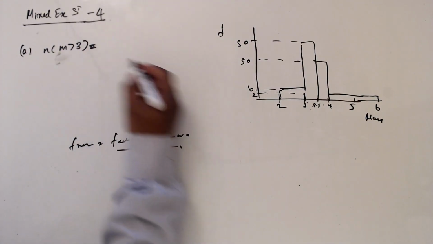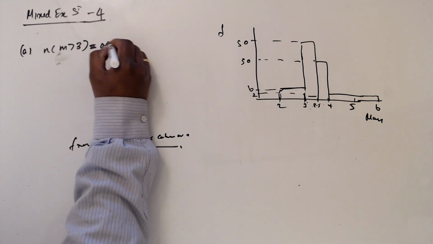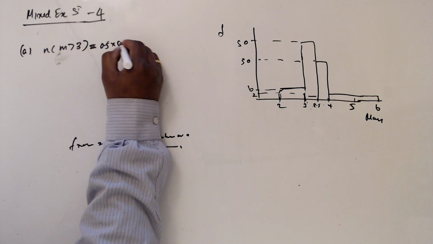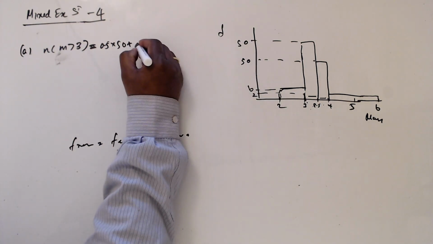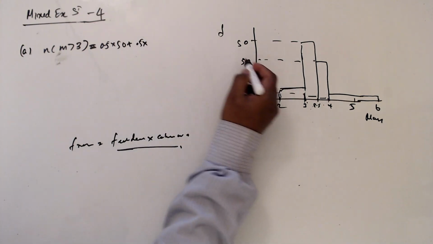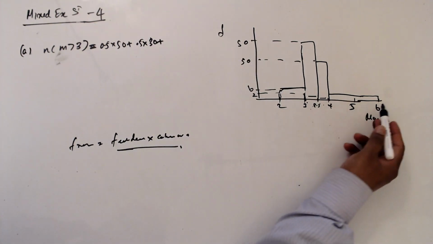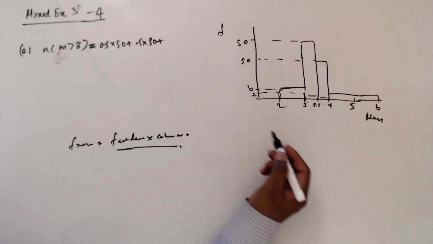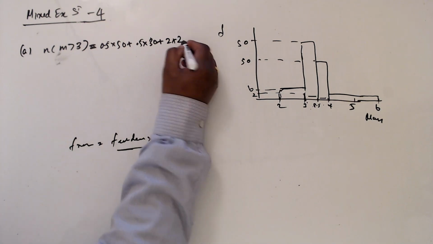This gap is 0.5 times height is 50 plus this gap is again 0.5 times this height is 30, and this length is 2 times height is 2.